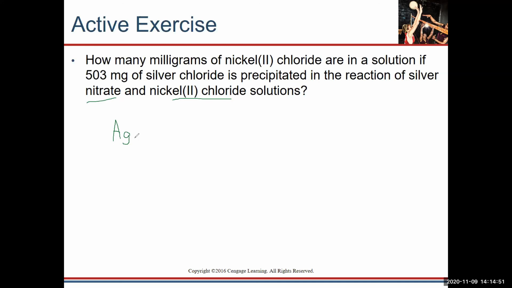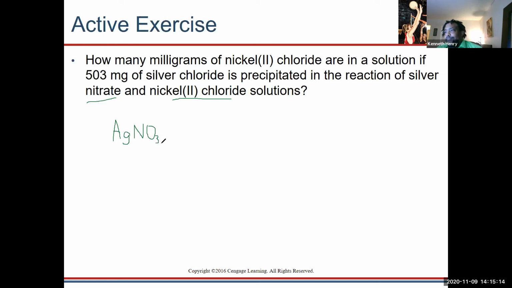Nitrate is NO3 minus. Silver, when there is no Roman numeral, is it just automatically +1? That's right.